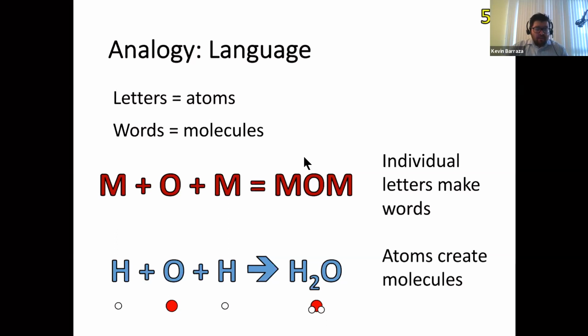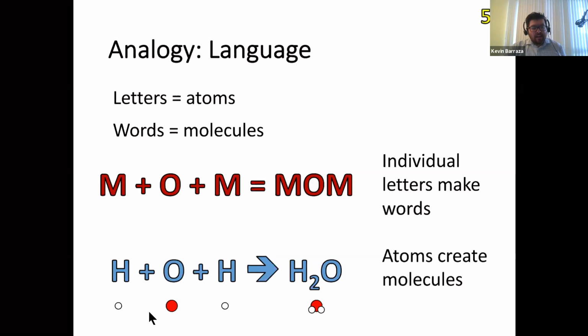And when they do, they make substances, or a word that has a different definition, right? Like MOM, those are all letters, and by themselves, they don't really have much to say. But if I put them together, they spell mom, and mom has a new definition. It has something that I might perceive in my mind, or you might as well, and so forth.